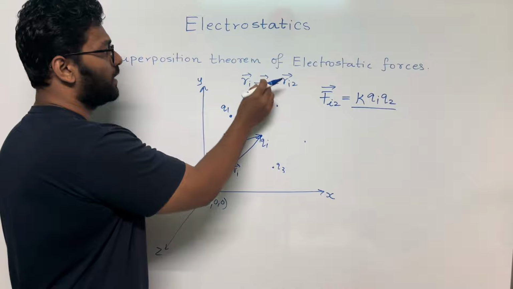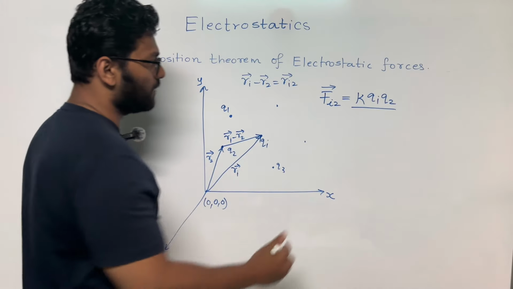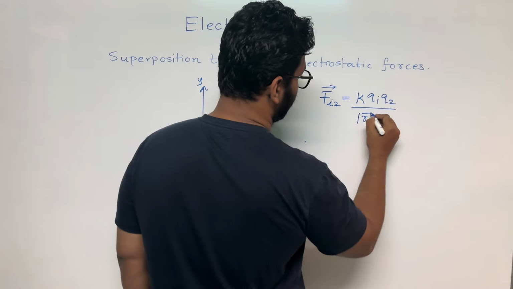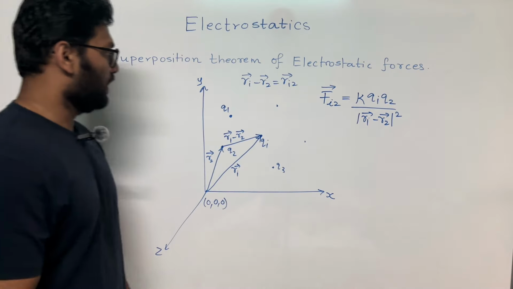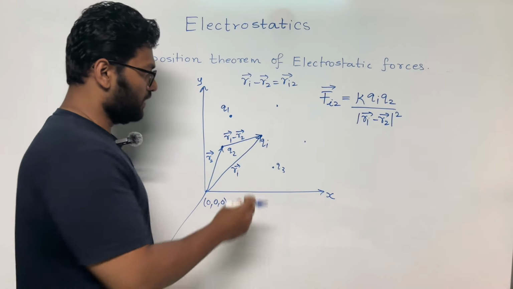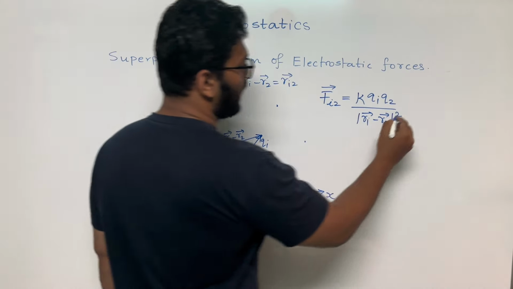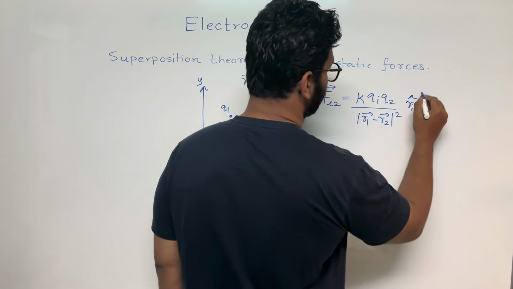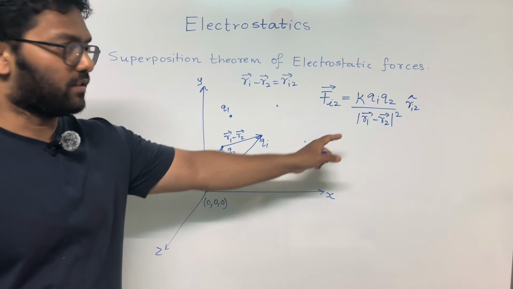If it is r3 bar minus r2 bar, it is r32 bar. This is a notation. You have to divide by the magnitude square of ri bar minus r2 bar. Now the direction will be what? If all of them are positive charges, the direction will be along this vector itself, so it is ri2 cap. So this is the force on the ith charge due to the second charge.